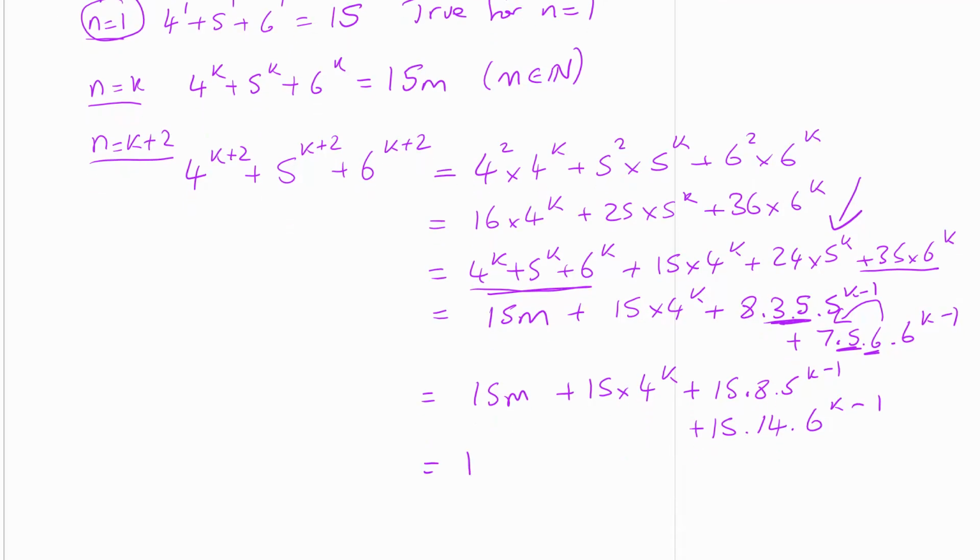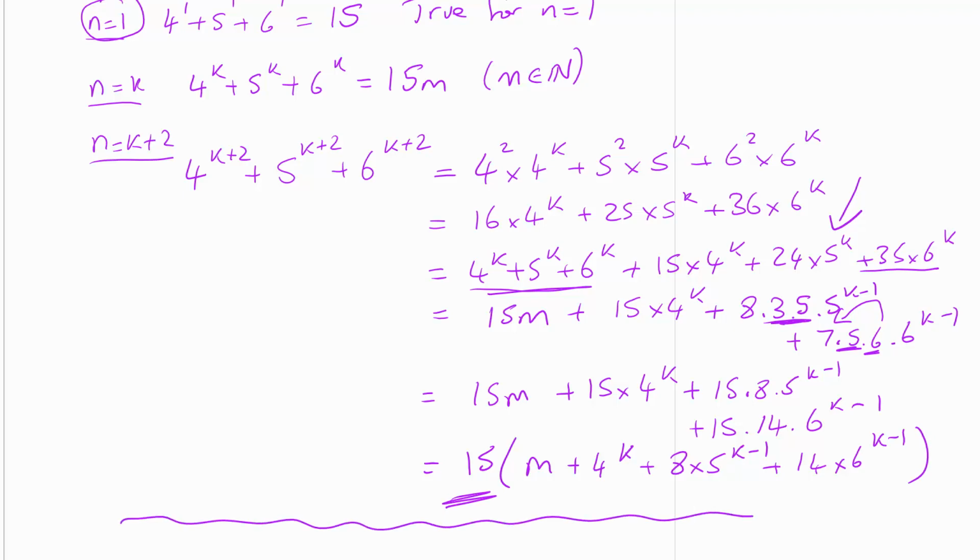That means I've got a common factor of 15 that I can take out throughout, and I've got m plus 4 to the k plus 8 times 5 to the k take 1 plus 14 times 6 to the k minus 1. And there you go. It's divisible by 15. All I need is a concluding statement.